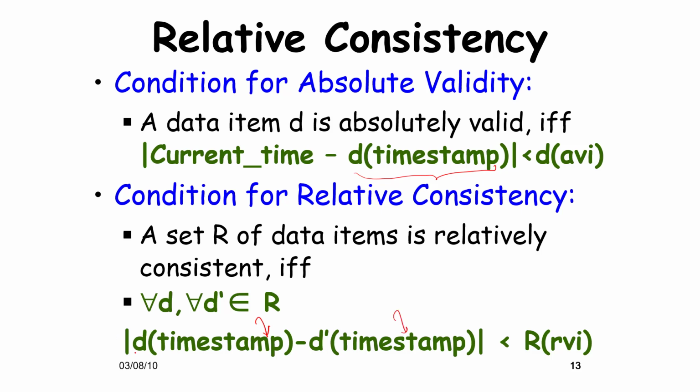I'll compute the absolute value of the difference of their timestamps, and this needs to be less than a given relative validity interval threshold. If this is indeed the case, then it means that all the data items have more or less been collected in the same time interval, roughly, right? This is something that we can say. And if we can say that, we can say that all of them are relatively consistent.